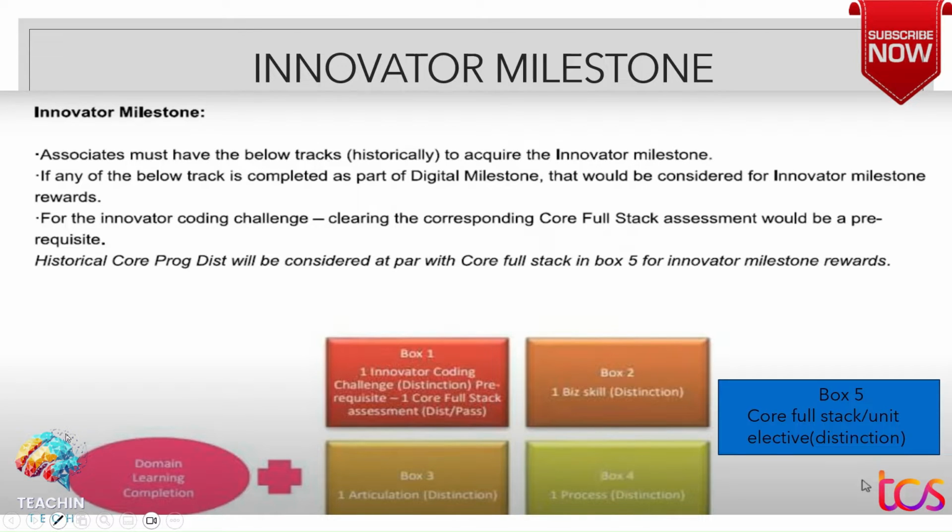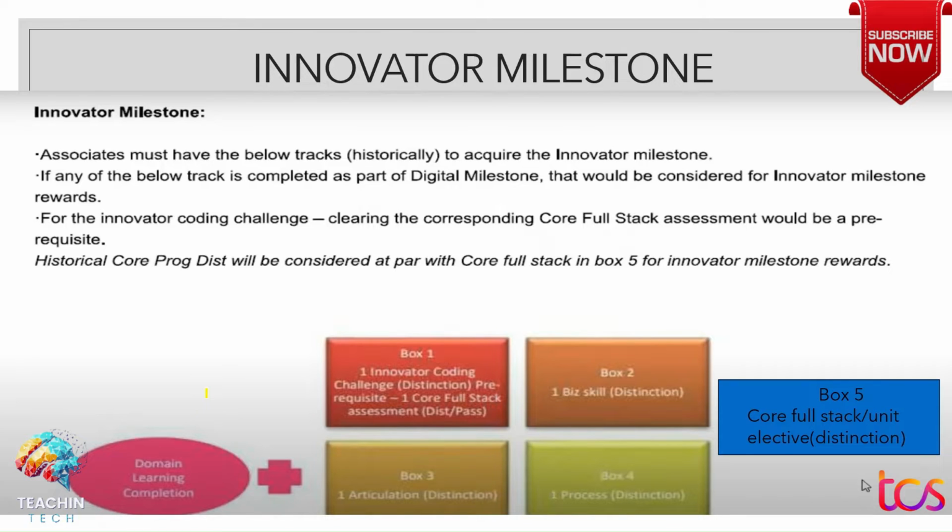These are the steps which we should focus on to become an innovator associate. There are two things here. If you're coming first from ninja to digital and from digital to innovator, it would be somewhat easier, because most of the things which you finish there will carry forward to this innovator milestone.